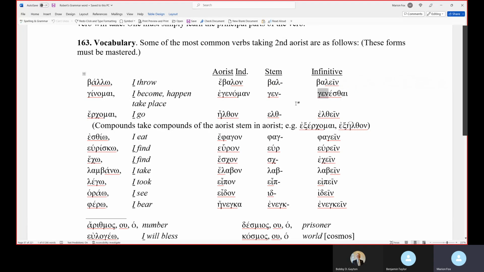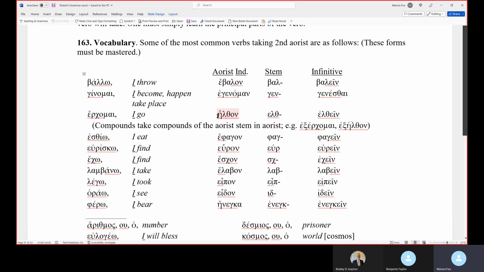I think what I've done in that file that I've sent you is I've got all of these into the file with the words. And so I think if you go to these words, you'll find these stems laid out for you there. Okay. Erchomai takes a variant form and becomes ēlthon. Ēlthon, that's your second aorist.